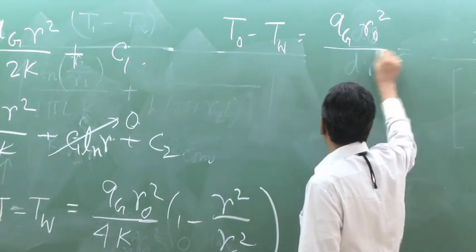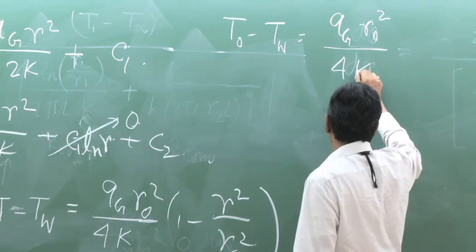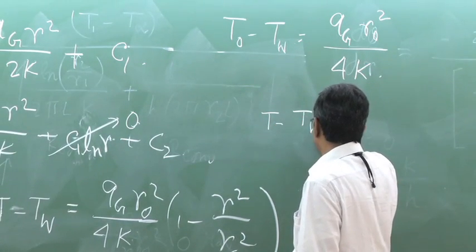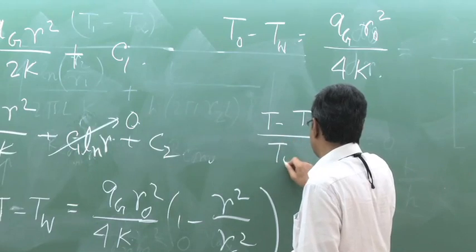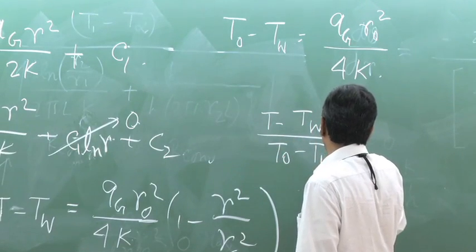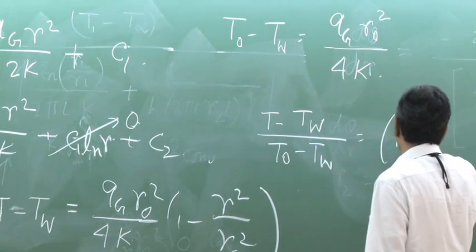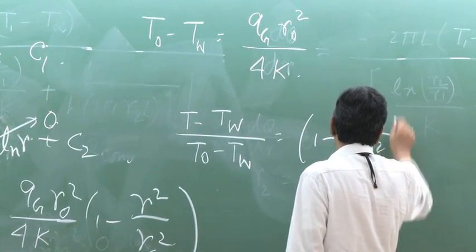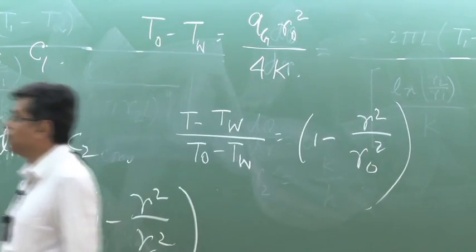R0 square by 4. So there is a convention that we write the non-dimensional form of the temperature distribution, or dimensionless form, like this, 1 minus R square by R0 square. That means this is a parabola. So therefore we can show it like this.